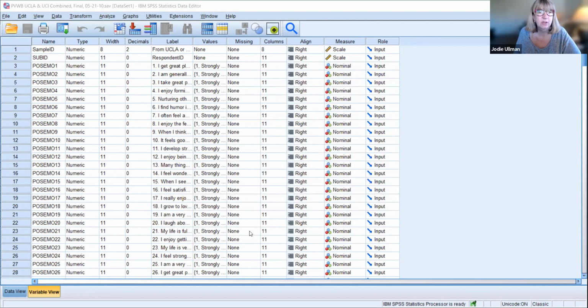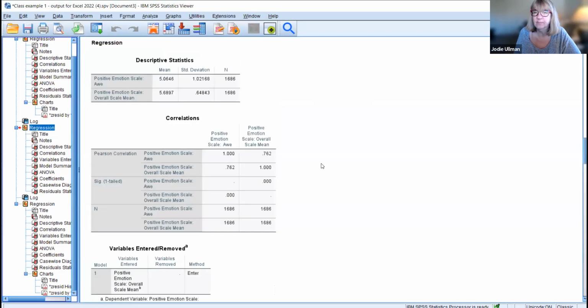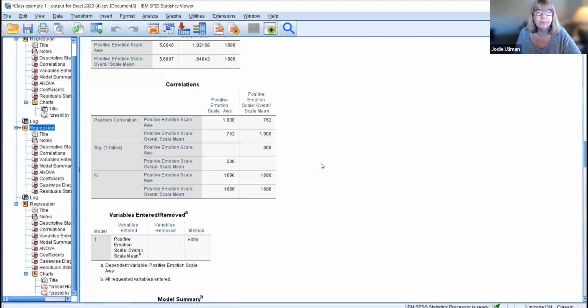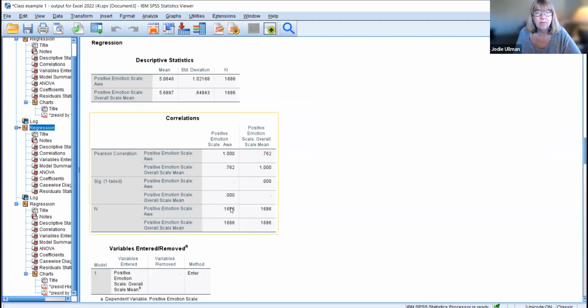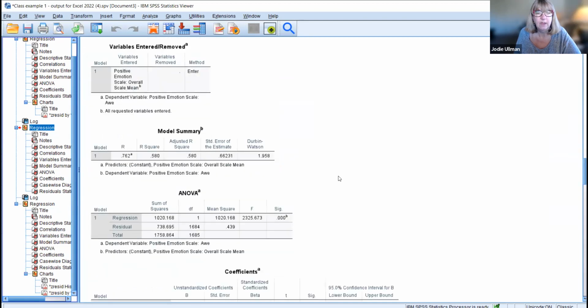Okay, so do you see the printout? I've jumped up the sample size. Now we have 1,686, and we see that we can still predict. Notice that when I vastly increase the sample size, the R square is not different at all.